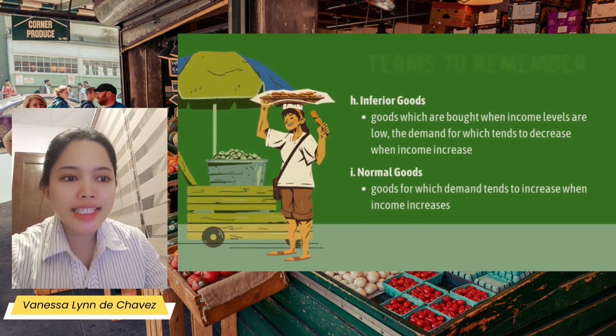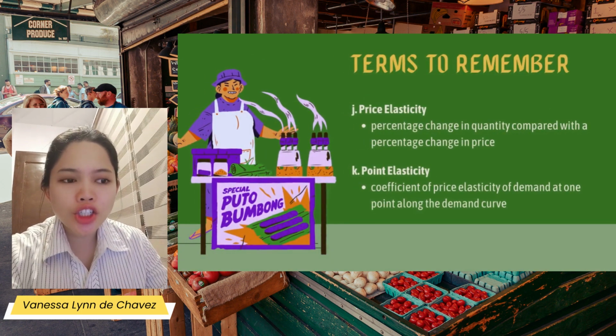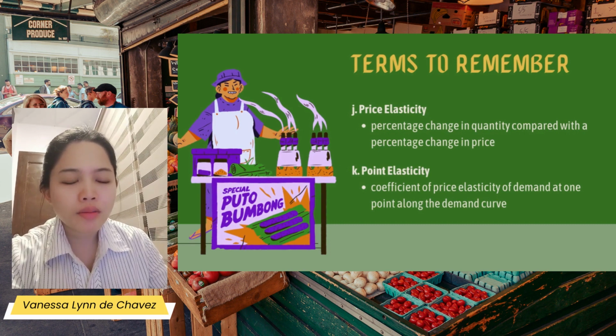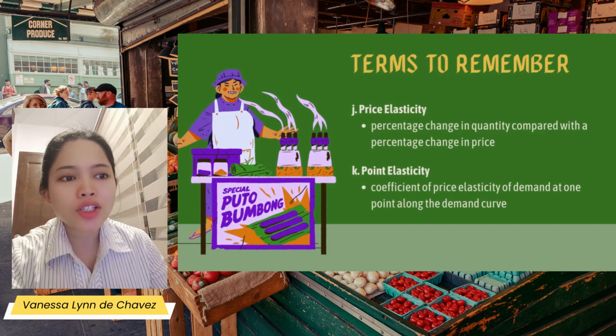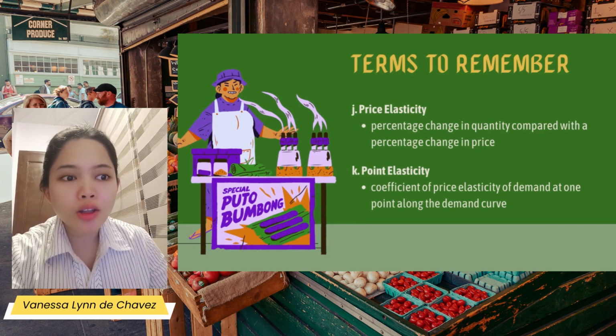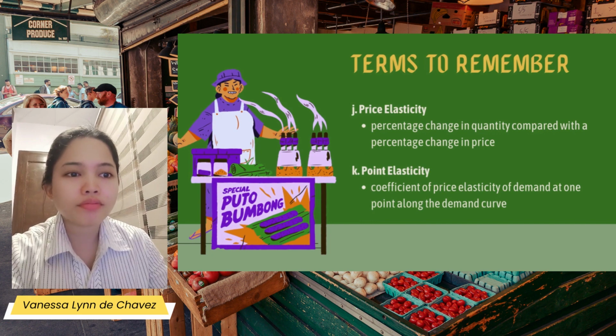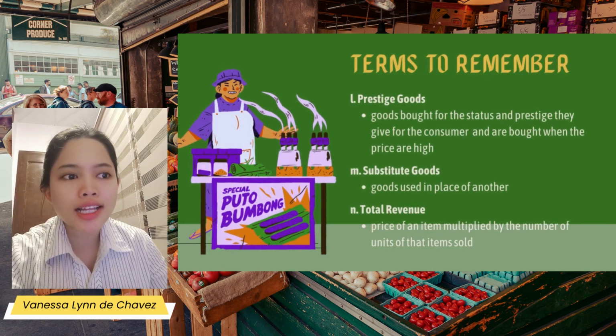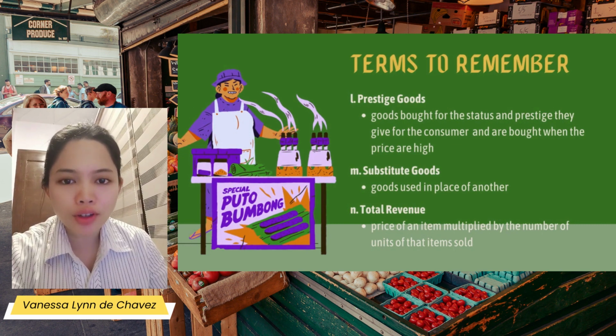Price elasticity. It is the percentage change in quantity compared with the percentage change in the price. Point elasticity is the coefficient of price elasticity of demand at one point along the demand curve. Prestige goods. These are goods bought for the status and prestige they give the consumer.